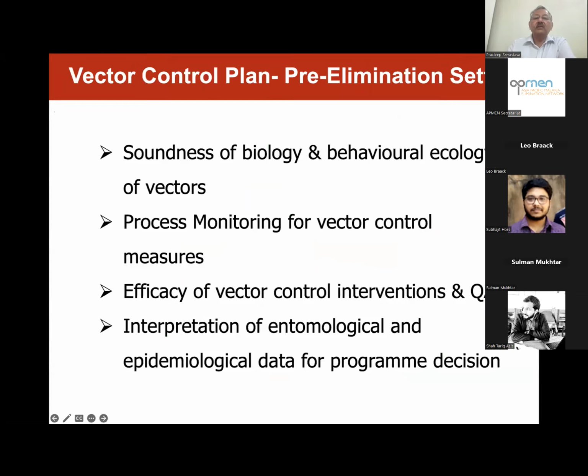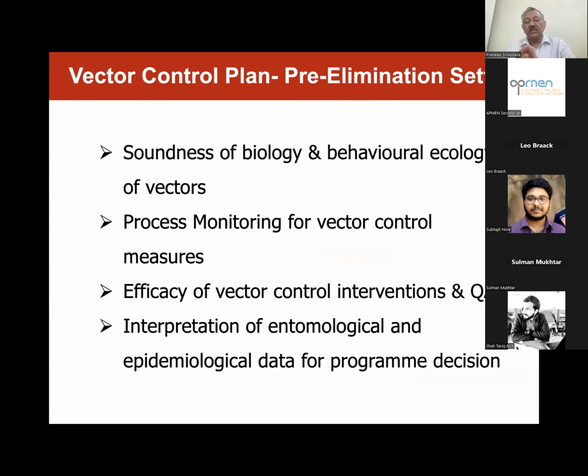So you should have knowledge of this: for vector control, we have to have a different kind of setting, a vector control plan for pre-elimination, elimination, and post-elimination settings. You should have full knowledge of the biology and behavior of the vectors, and the transmission dynamics. You should have full process monitoring for vector control.